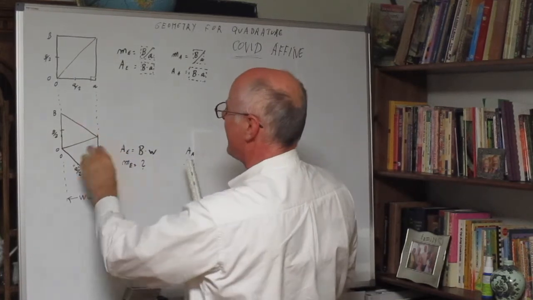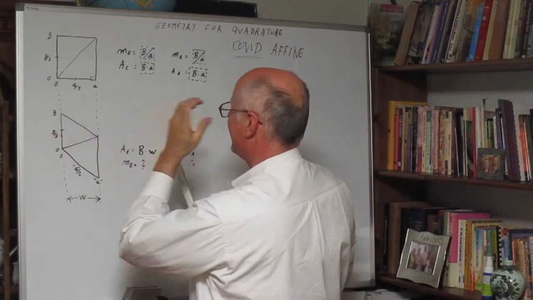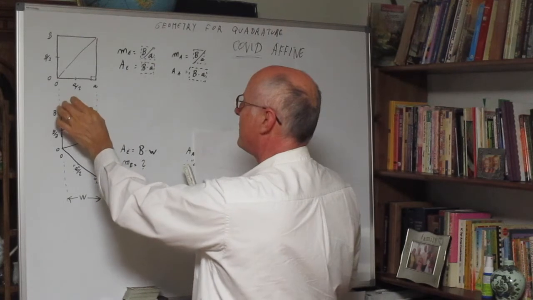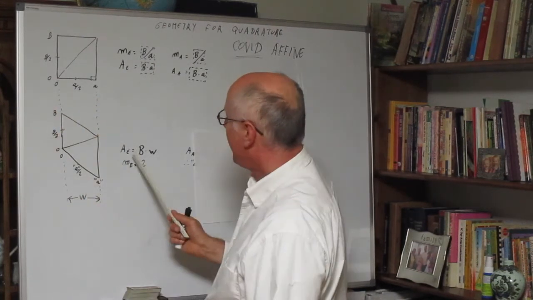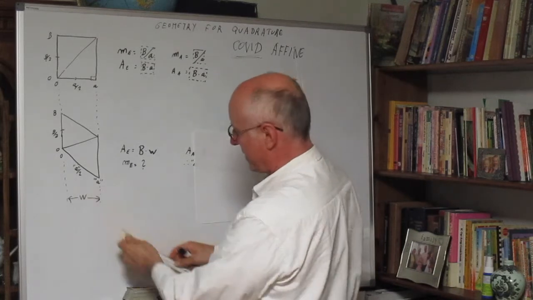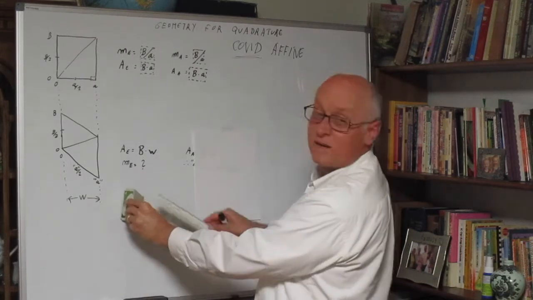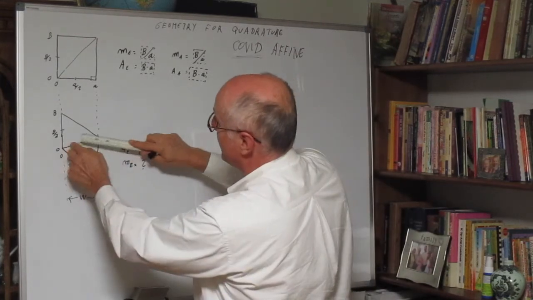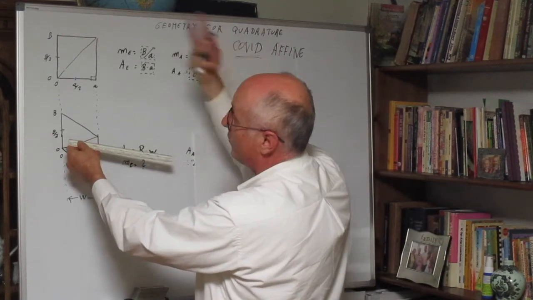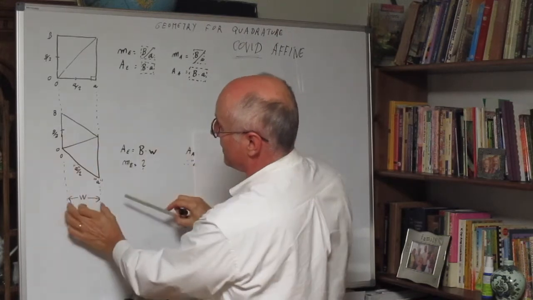But what about the, Euclid would say, okay, it's base times the width. See this thickness right here? The distance between these parallel lines, according to Euclid, that's W, right?